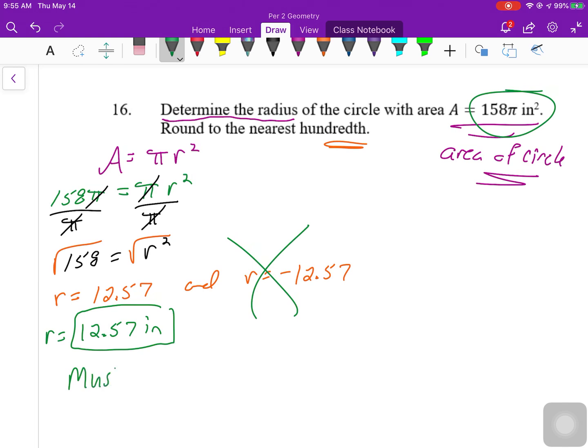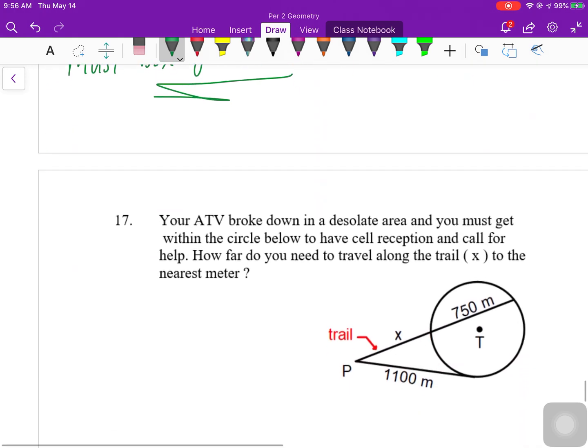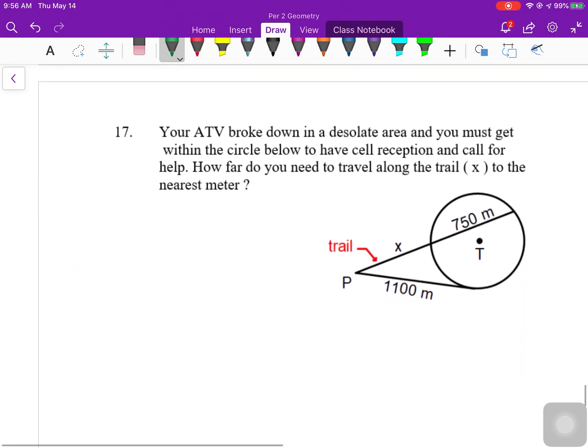So our answer is going to be 12.57, and the units will be inches. And again, you must box your answers. Very straightforward problem. Even the algebra wasn't too bad there, just using square roots.